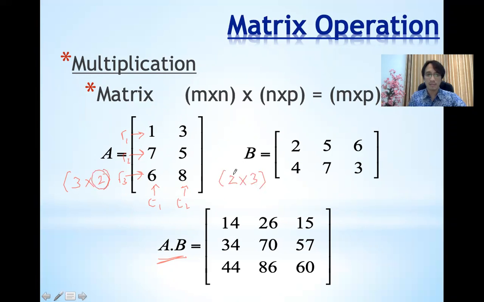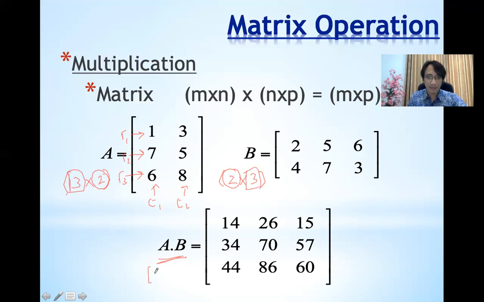This one must be the same thing. So the number of columns in matrix A must be the same as the number of rows in matrix B. Then it can be multiplied. Otherwise, it is not possible to multiply. And the result will be 3 times 3.